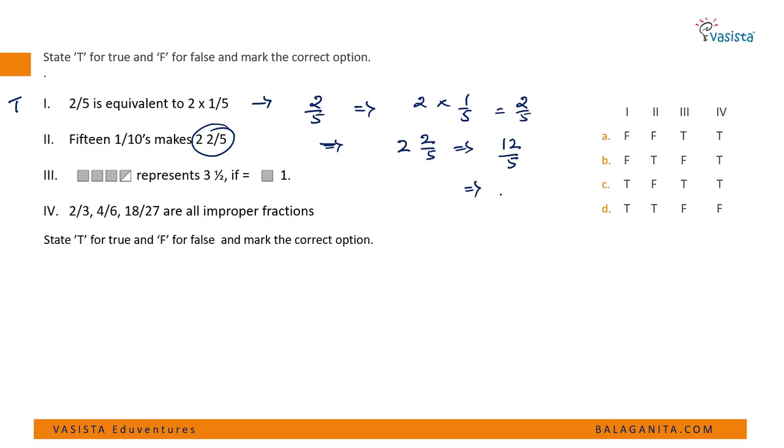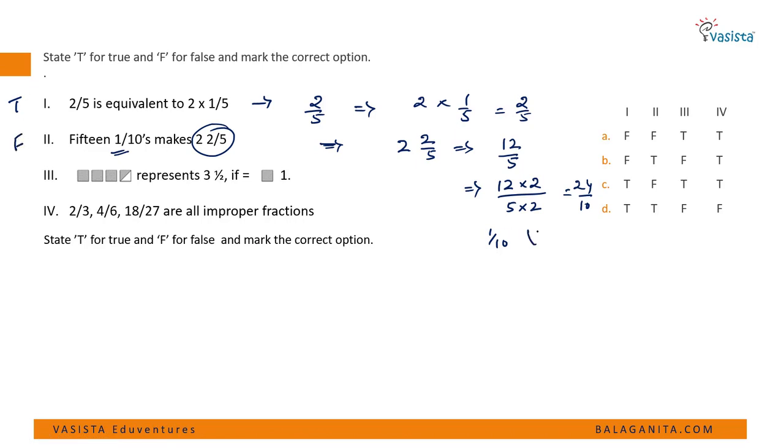Now you can divide this, that is 12 by 5, with this 1 by 10, or otherwise what you can do, 12 multiplied with 2, similarly 5 into 2. Why? Because I am making the denominator same, because here 1 by 10 they have given, which is going to be 24 by 10. So 15 1 by 10 makes 2 by 5, that is nothing but 24 by 10, which is not right, so it is going to be false.